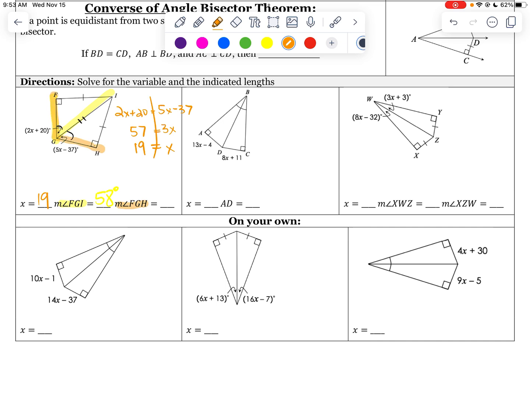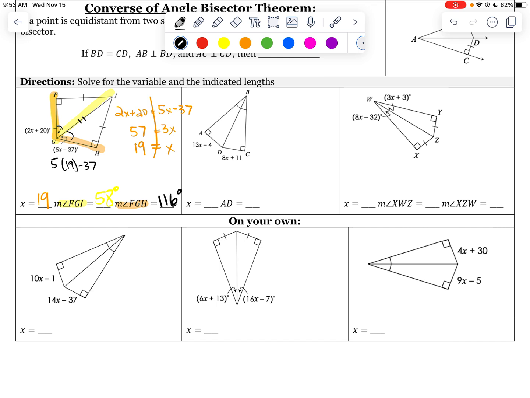It should be 58 times 2, but let's triple check and make sure I didn't make any mistakes. So I can just plug back in. Let's make sure 5 times 19 minus 37 equals 58. 5 times 19 minus 37 is 58. Good. So now we have 58 times 2, which is 116, or my entire angle.